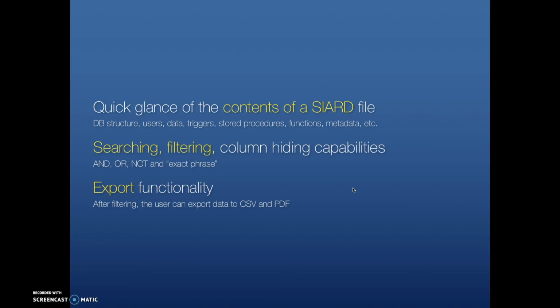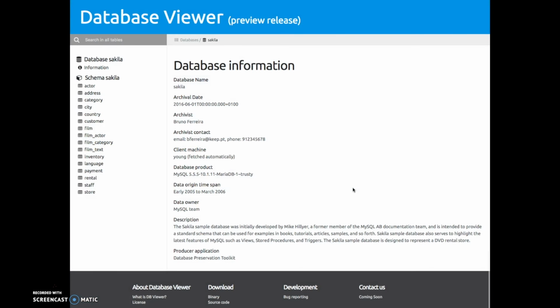You can search and filter, you can hide columns that you don't want to see, you can do ands, ors, nots, exact phrases. All the things that you are used to doing on, let's say, Google, you could actually do over the records in a database. We're also developing an export functionality so that you can filter your data and then export it to CSV or even PDF.